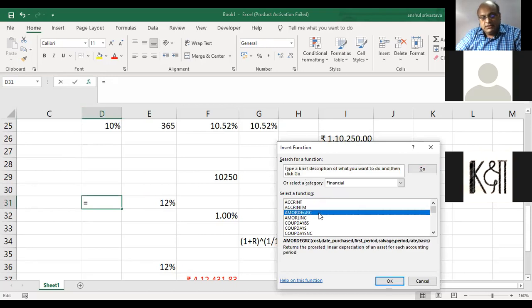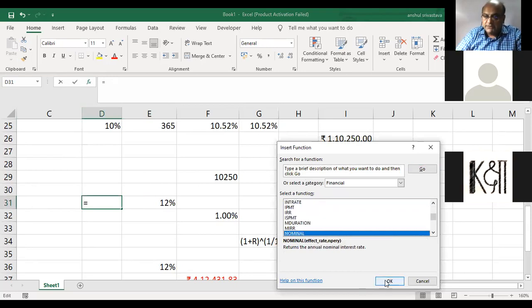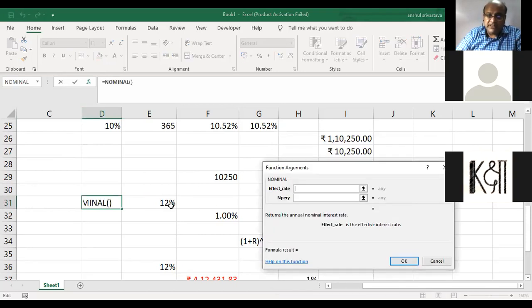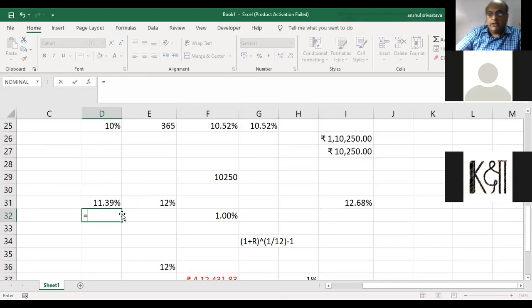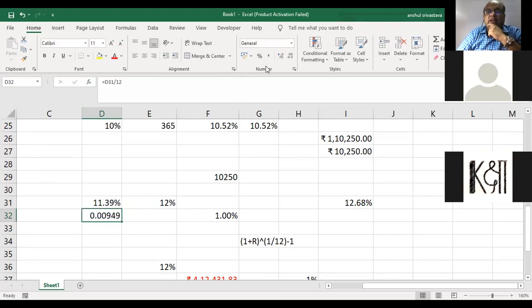Fx, nominal, effective rate is 12%, number of periods is 12. So this 11.38% that we are getting is actually annual. So once we have calculated the nominal annual, we'll have to divide it by 2. Then we get 0.95.